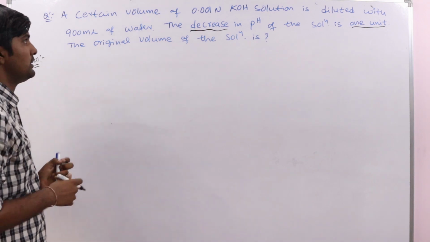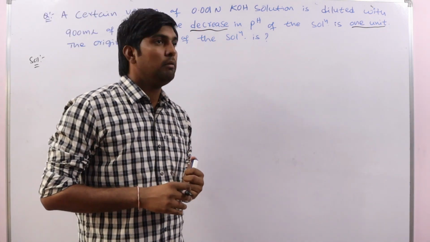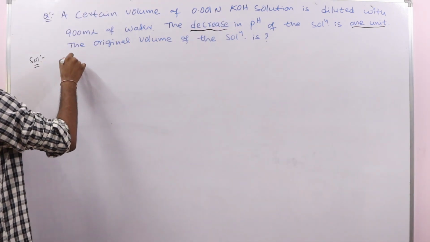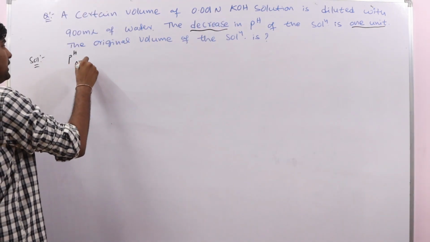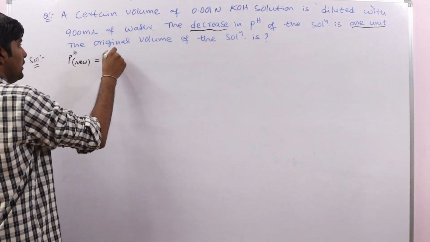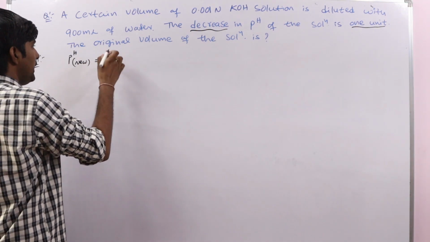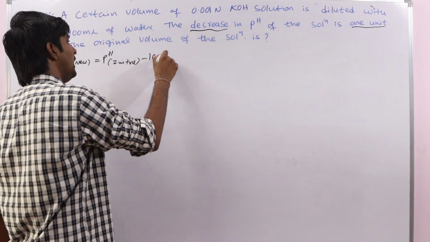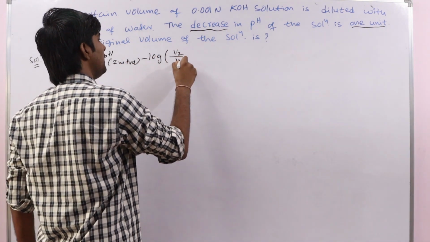So here, the formula we just discussed for a basic solution: new pH is equal to initial pH minus log V2 by V1.